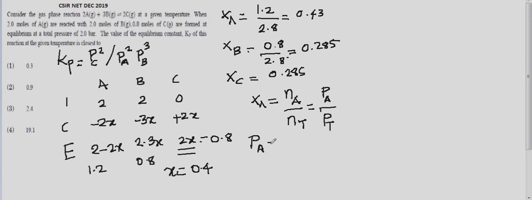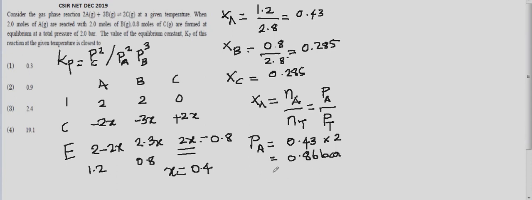PA is equal to XA, 0.43, into the total pressure at equilibrium, which is given in the question, that is 2.0 bar. This is equal to 0.86 bar.